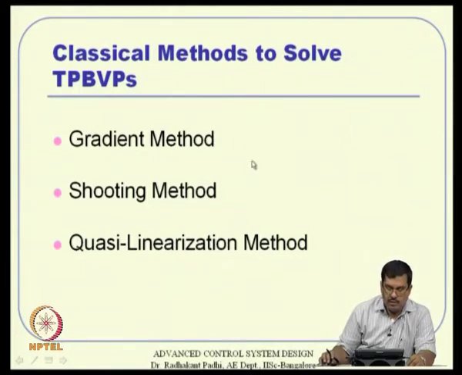First, we will discuss the gradient method, second the shooting method, and third the quasi-linearization method. They are of increasing order of complexity, but once you understand and implement them, the more complex the algorithm is, the better the convergence properties are. Just keep that in mind.